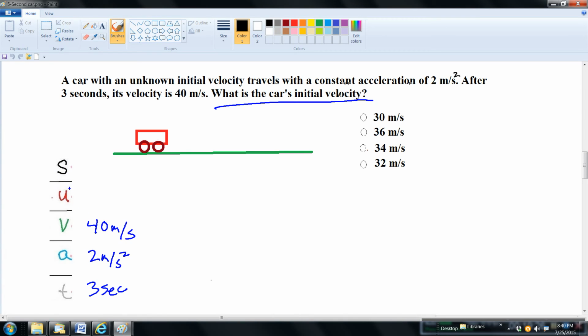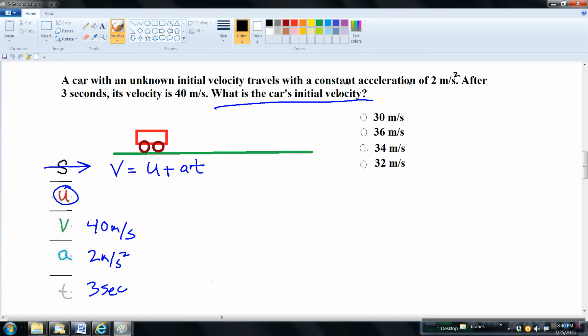That's step 2. Step 3 is circle what we're looking for. We're looking for initial velocity. Draw a line through the remaining variable that's left and use that equation. So that's v is equal to u plus at, final velocity is equal to initial velocity plus at.